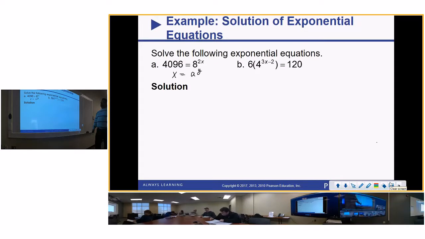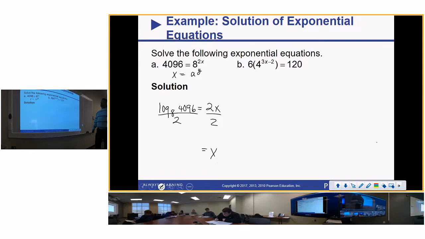Log base 8 of what? 4096 is equal to what? 2x. Now what? Divide by 2. Well, what about all this over here, Hubert? Well, that's a number. You're still going to divide it by 2, because in algebra, you divide it by 2.